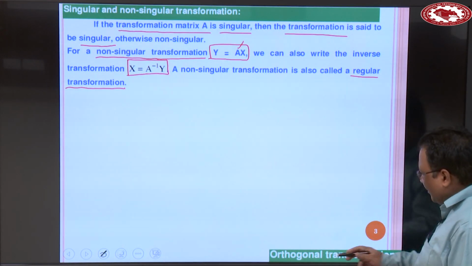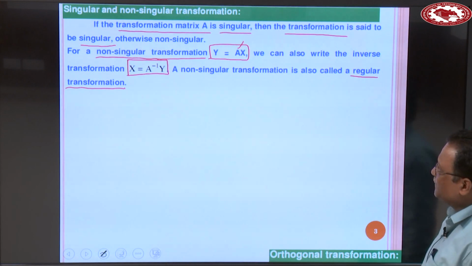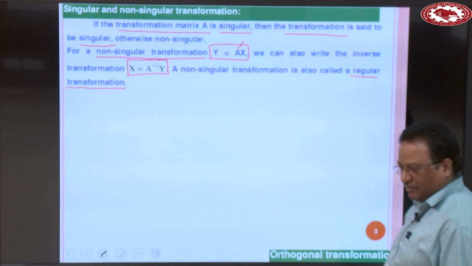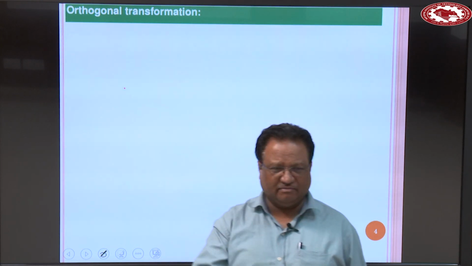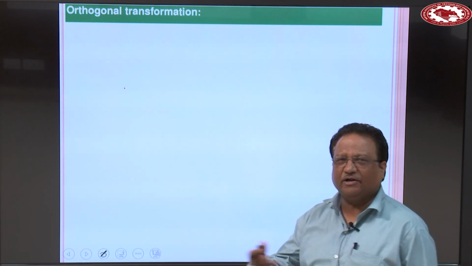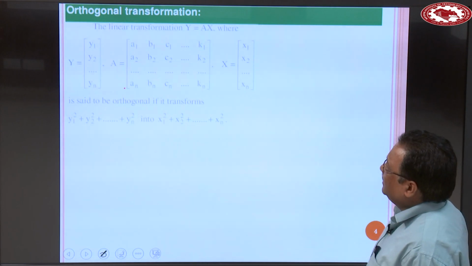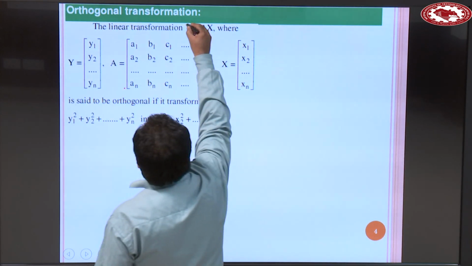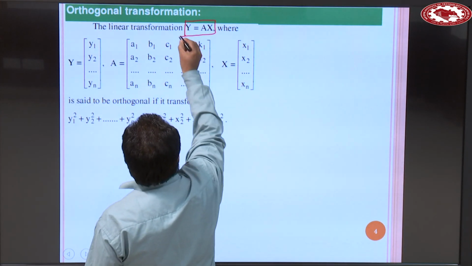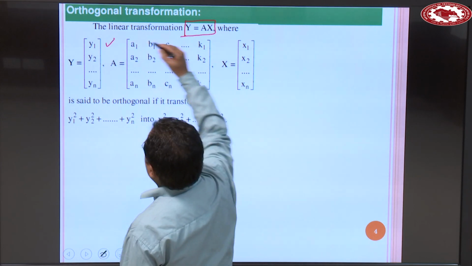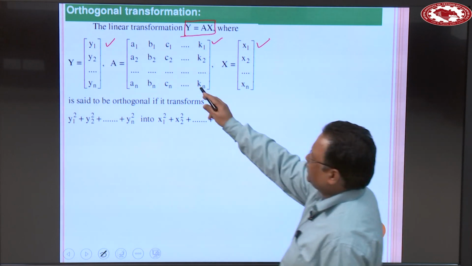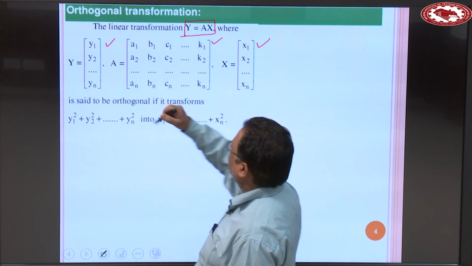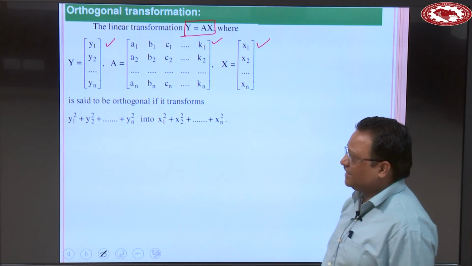Now, the next definition: what is an orthogonal transformation? Orthogonal transformation means normal to each other or perpendicular to each other. So, the linear transformation y is equal to ax, where y is y1, y2, yn, x is x1, x2, xn, and A is the coefficient matrix.